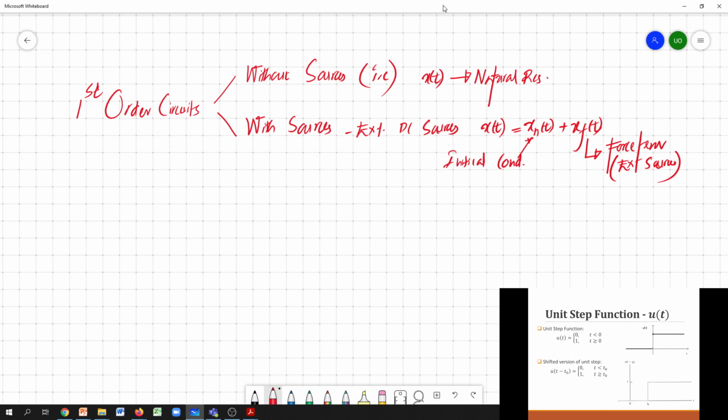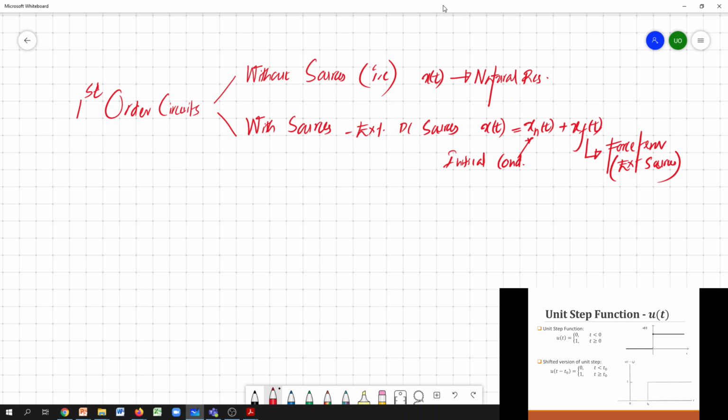The forced response is tuned according to the forced term of the differential equation, or the right hand side of the first order differential equation. This forced term is governed by the external sources you plug into the circuit.